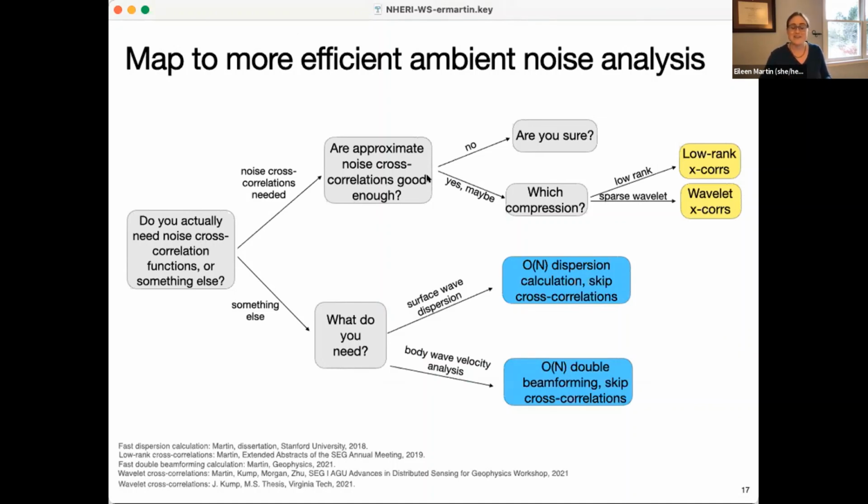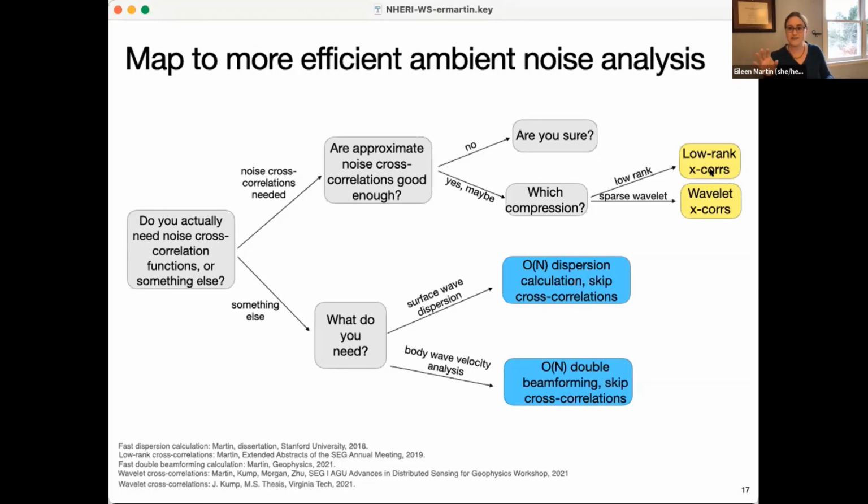One thing we've done is looking at, can we do approximate cross correlations? Especially if we're just working with a bunch of noise from random sources, we might think about, can we do some kind of lossy compression of our data? For instance, low rank cross correlation or wavelet cross correlation, where we do our cross correlations in these kinds of compressed domains.